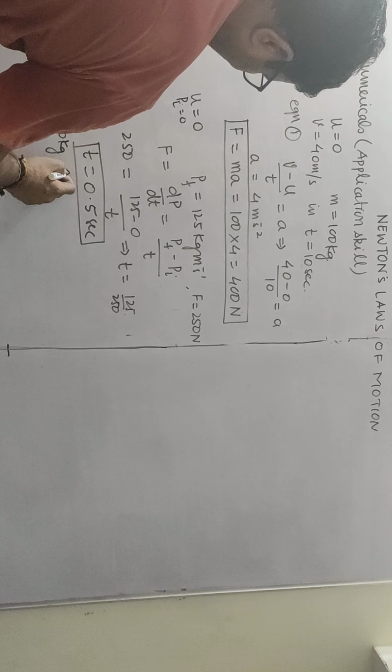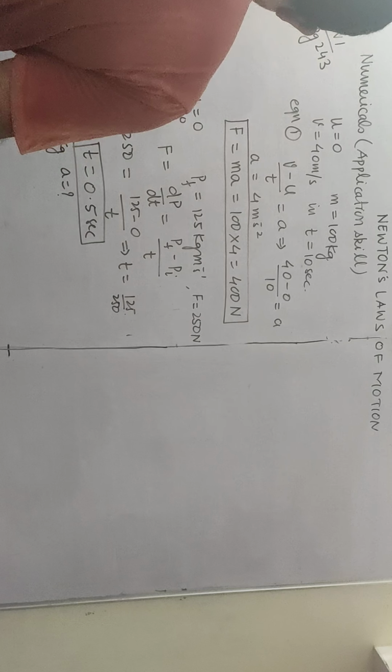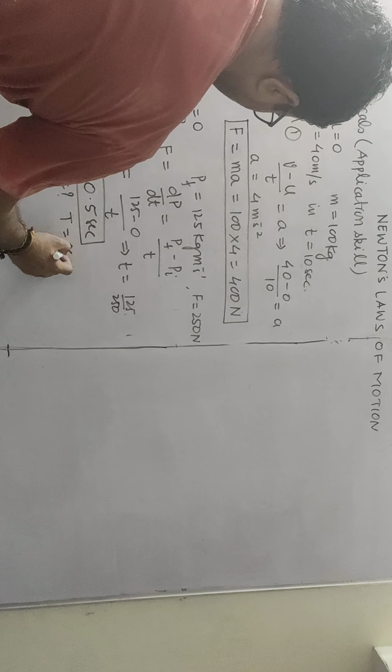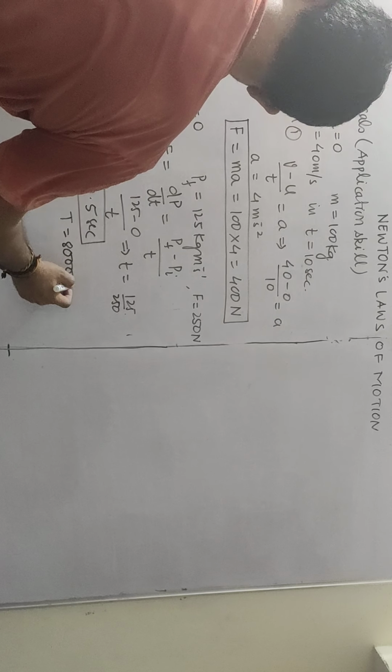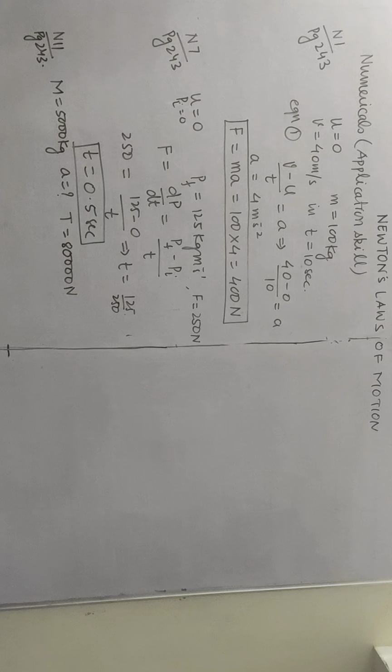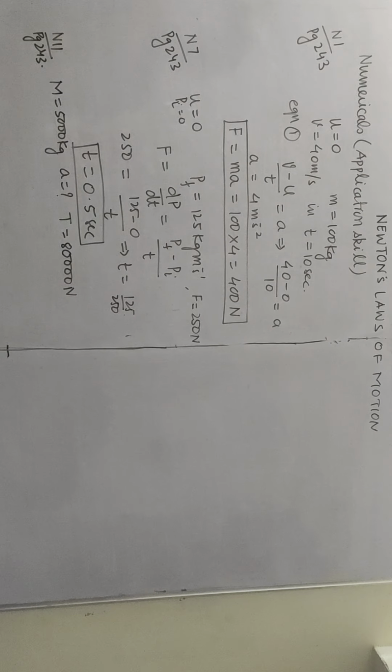Question is, what is acceleration, when the tension in the suspension wire of the lift is 80,000 Newton. First of all, you need to find acceleration. Then the second part, starting from rest, how much distance will the lift cover in 5 seconds?